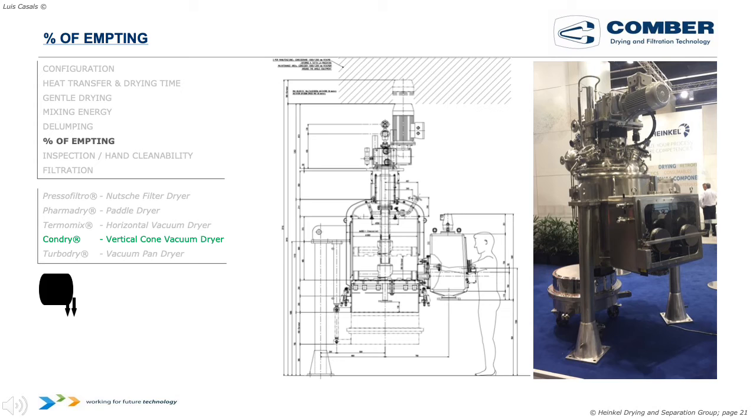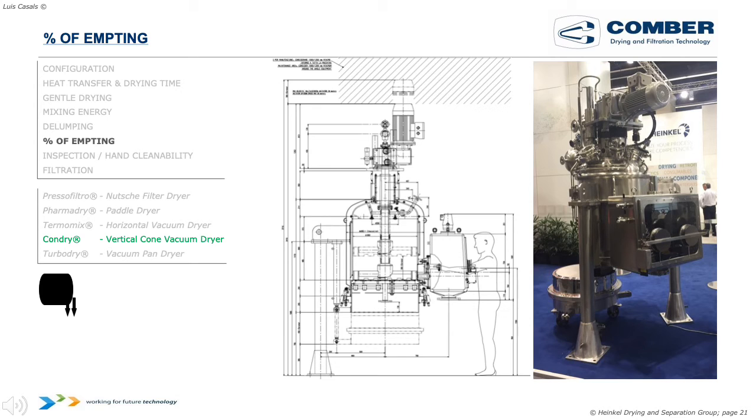Still talking about percentage of emptying, notice a glove box can always be installed to remove the final hill manually. But this option is only valid for Nutsche and Turbo Dry.